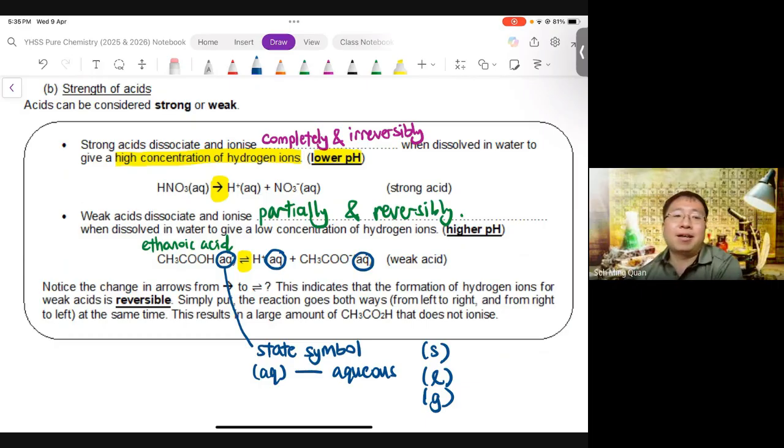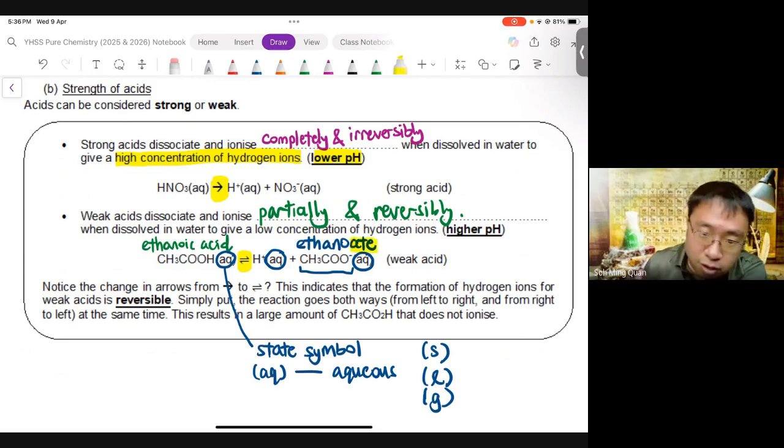Okay? Now, we started with ethanoic acid. We are ending off with H+, hydrogen ions. And you have this thing here, CH3COO-. Now, CH3COO- is called ethanoate. So you notice, right?